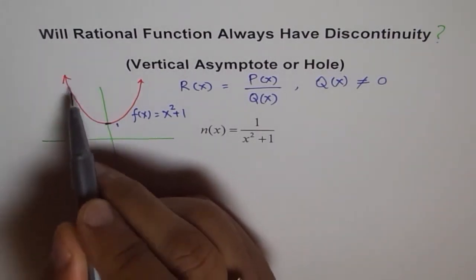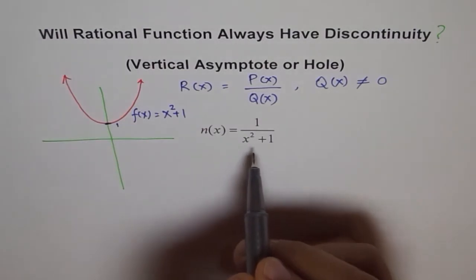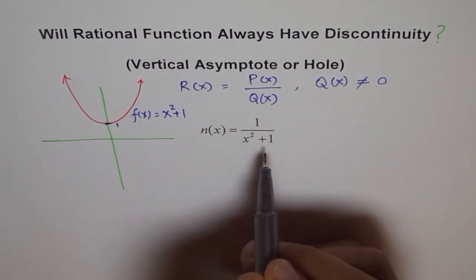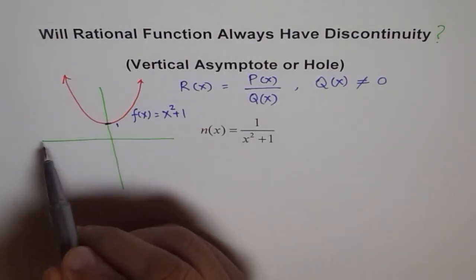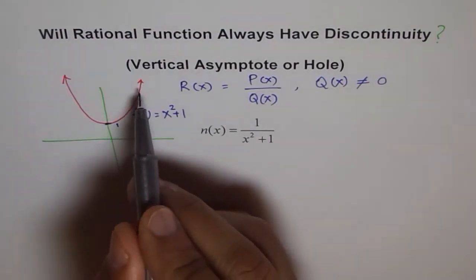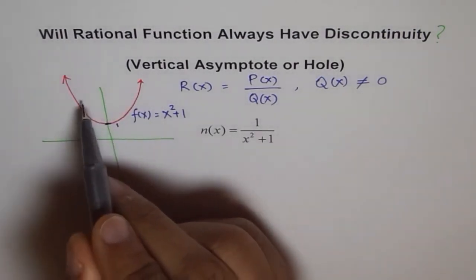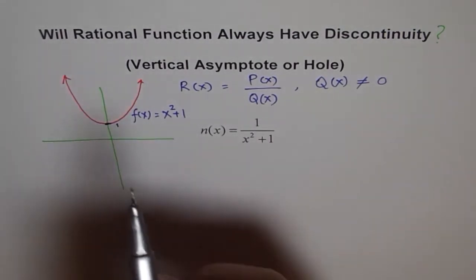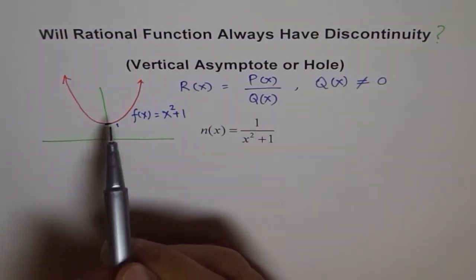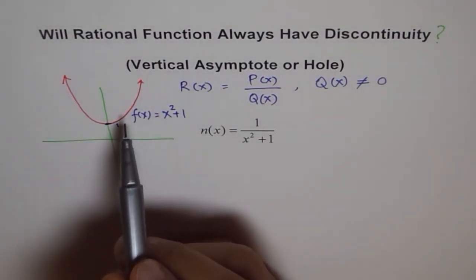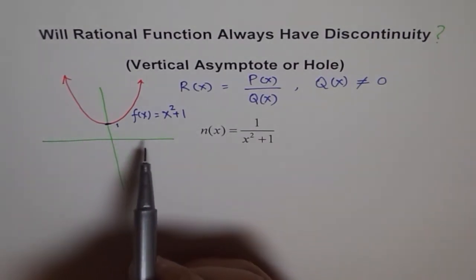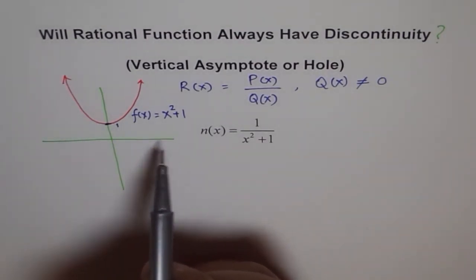As we approach infinity for the quadratic function x squared plus 1, the reciprocal will approach 0, right? And 0 from the positive side, because it is always positive. You also know that the reciprocal of positive numbers is positive. So the whole graph along the domain of real numbers will be positive.